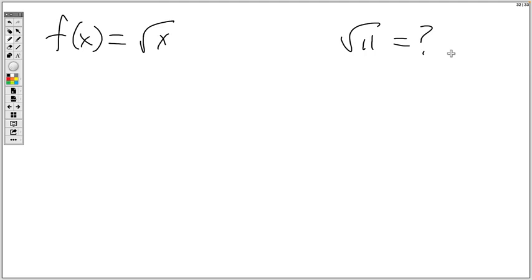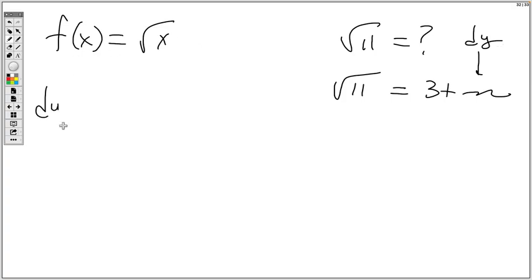Since 11 is a little bigger than 9, the square root of 11 would be a little bit bigger than 3. So it would be 3 plus something, right? This should take you back way back to section 3.1, which sounds like it would be a long time ago. In fact, it was only, I don't know, 2.5 weeks ago? 3 plus something. That something, that's your differential. You follow?